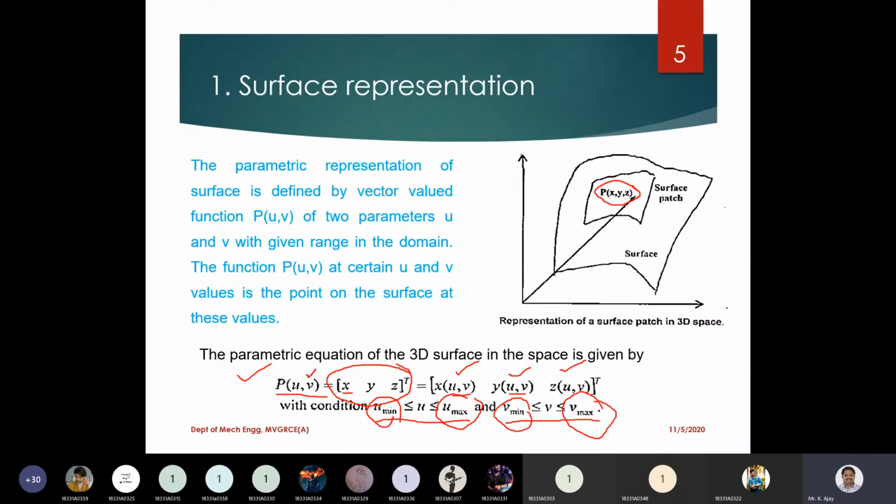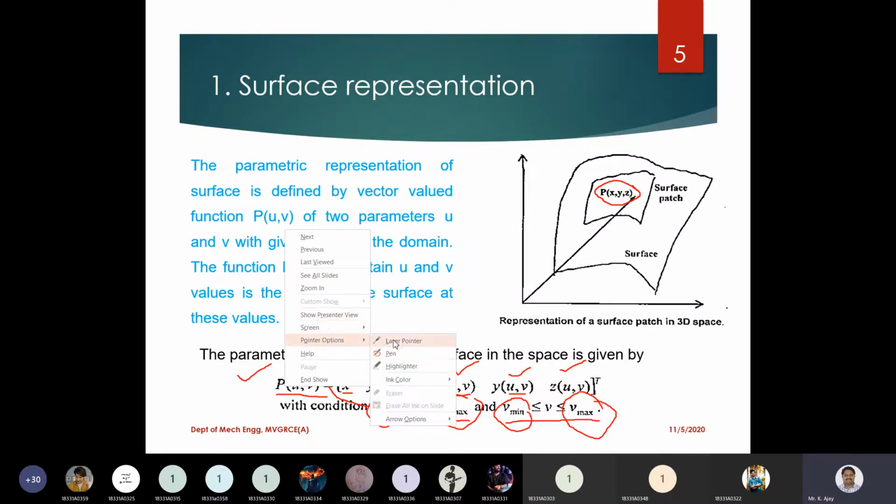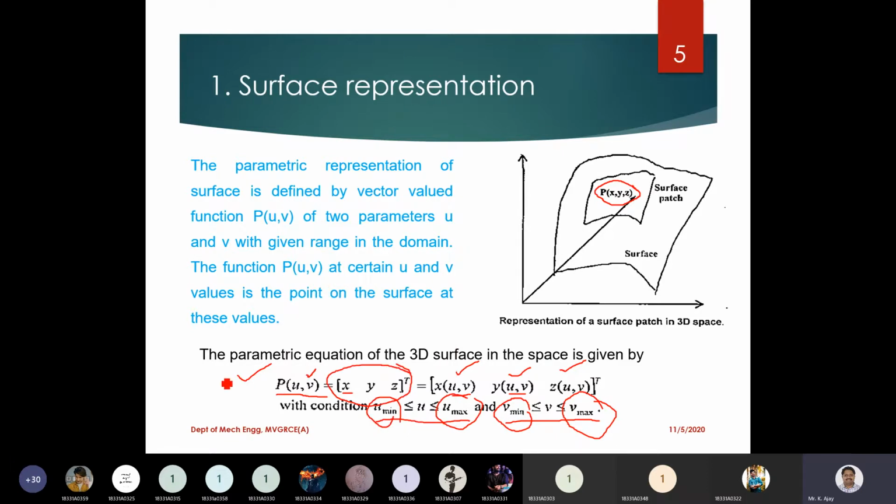And how would a surface be represented parametrically? The main difference compared to a curve representation is that in the case of a curve representation, we use only one independent variable like u. U alone would be there in the case of curves, whereas in the case of surfaces, along with u, we are going to use another variable, let us say v.